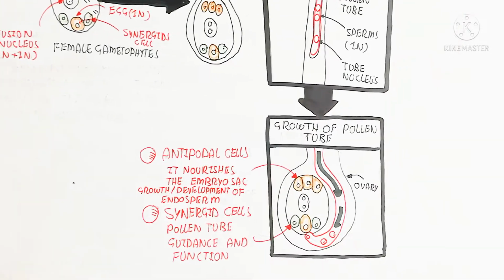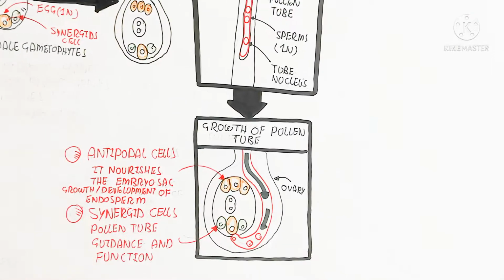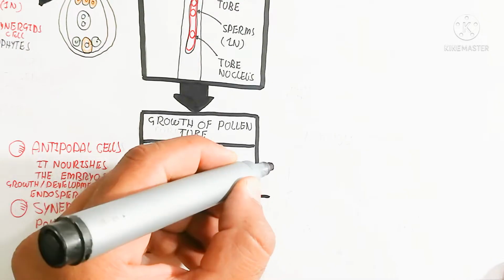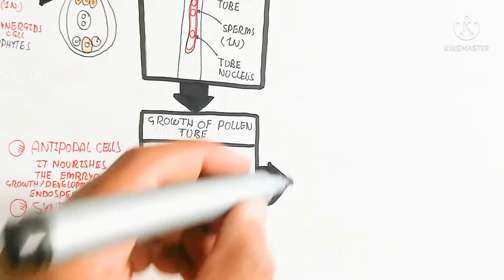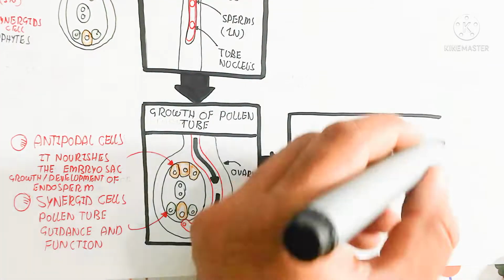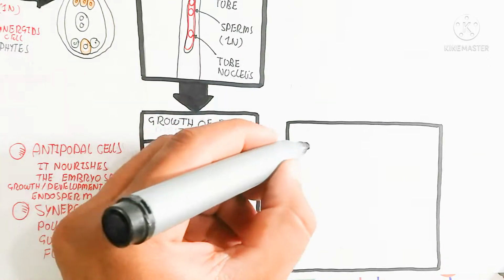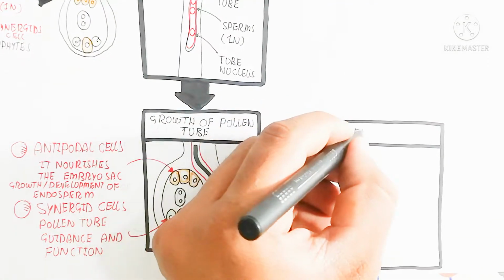So this is the ovary collectively, and it contains the pollen tube and guidance and function here inside, and double fertilization. Let's begin to understand the pollen tube formation. These are the two male nuclei.